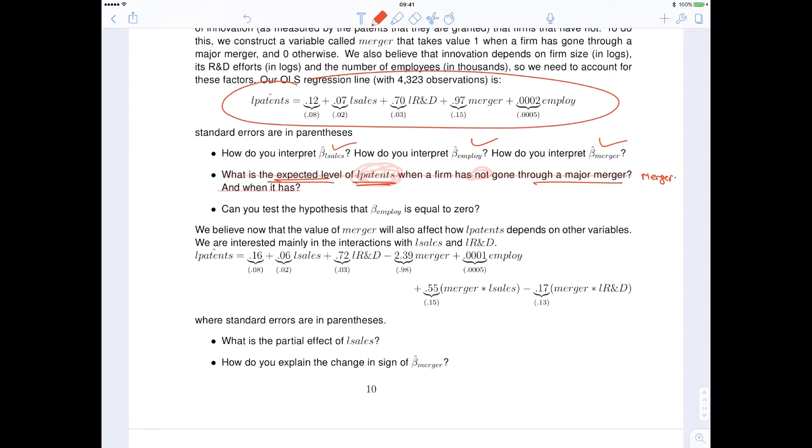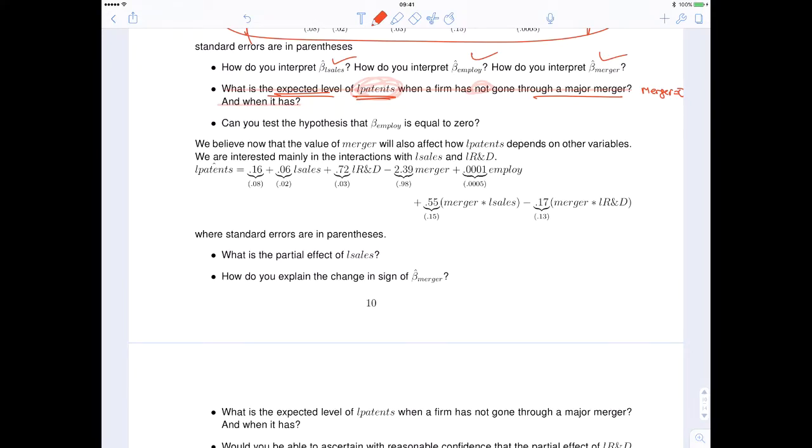Merger is equal to 0. So don't be tempted here, when you're asked for the expected level, to find a number. You don't need a number here, right? You need an equation. Really, all you need to do is go to this top equation here and just set merger equal to 0. That's going to give you the expected value of those two things, right?